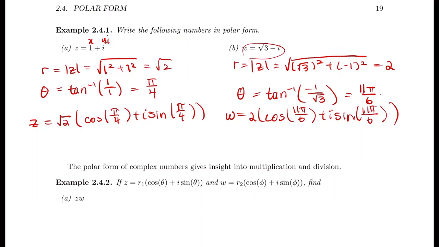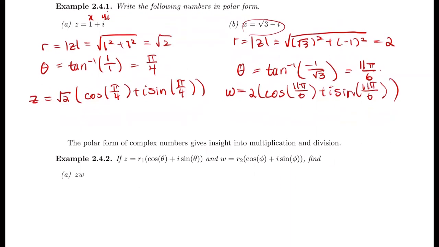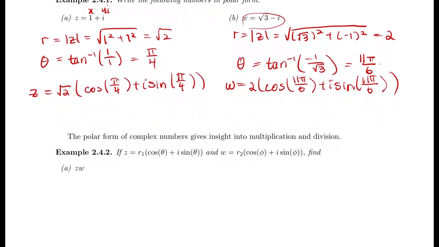So the polar form of complex numbers gives insight into multiplication and division. These could actually be helpful if you want to know some of the trigonometric identities, in particular the compound angles, double angles, triple angles, and so on.